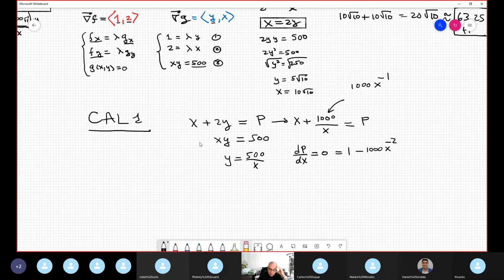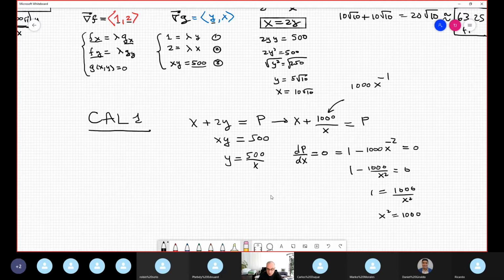Apply the power rule, you move this negative 1 to the front and subtract 1. So let me manipulate this. Well, this is equivalent to say 1 minus 1000 over x squared using positive exponent, no negative exponent. Therefore, 1 equal 1000 over x squared. Therefore, x squared equal 1000.